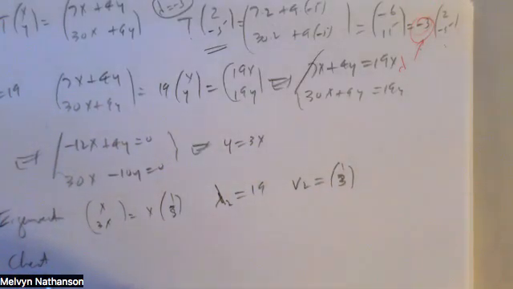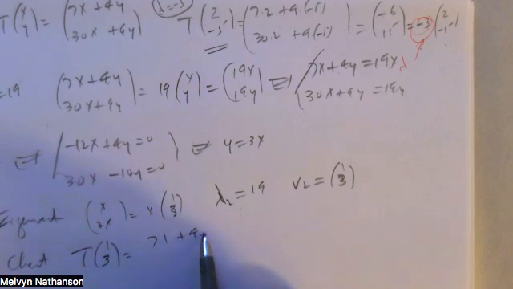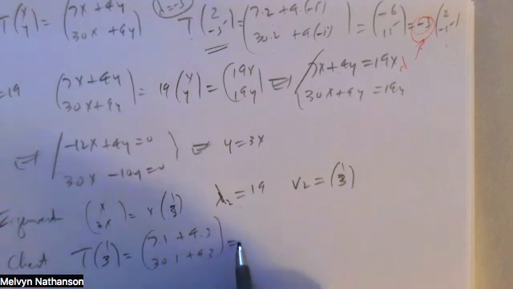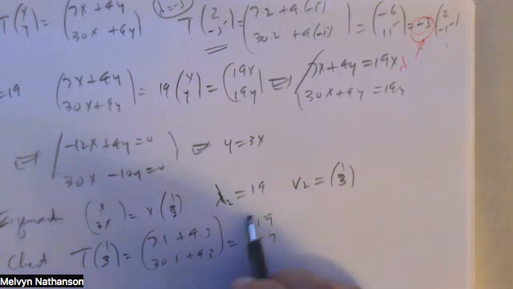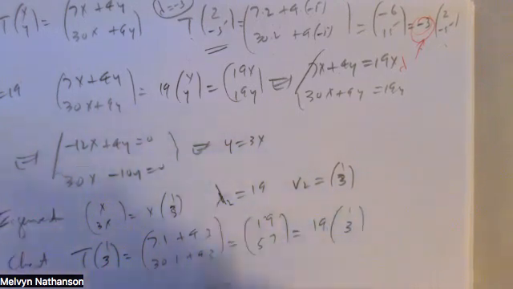So let's check. T of the vector (1, 3) is 7 times 1 plus 4 times 3 as the first coordinate, 30 times 1 plus 9 times 3 as the second. 7 plus 12 is 19. 30 plus 27 is 57. This is exactly 19 times the vector (1, 3).